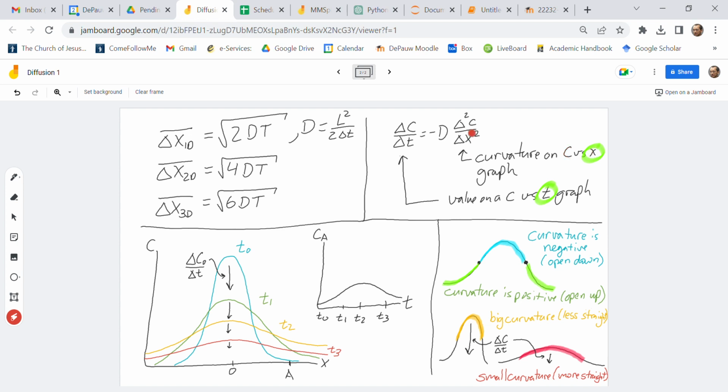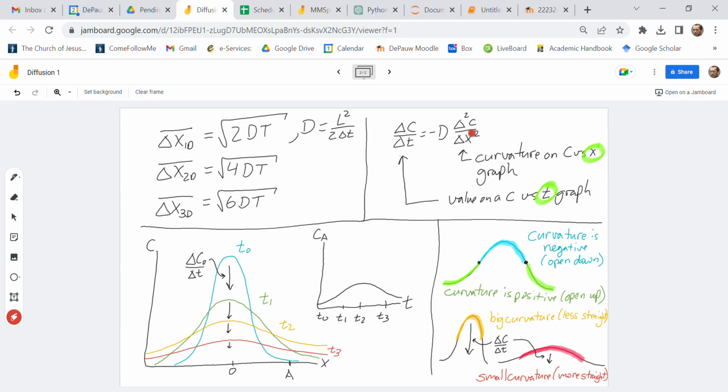Now I've highlighted this position and this time. We have 2 different types of graphs here. We have a time graph. We're kind of familiar with those from kinematics. That's like I highlighted here. Just how is the concentration going to change in time? That means we're looking at a certain point. X is fixed, like at this location A. This concentration versus position graph means we're looking at a certain time.